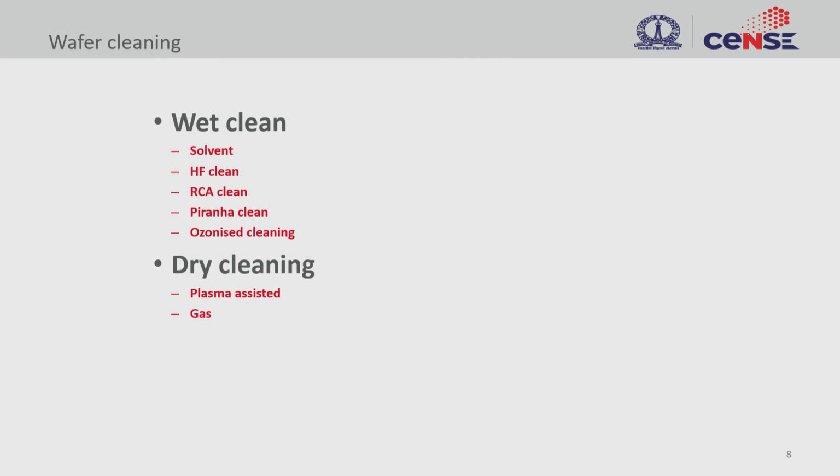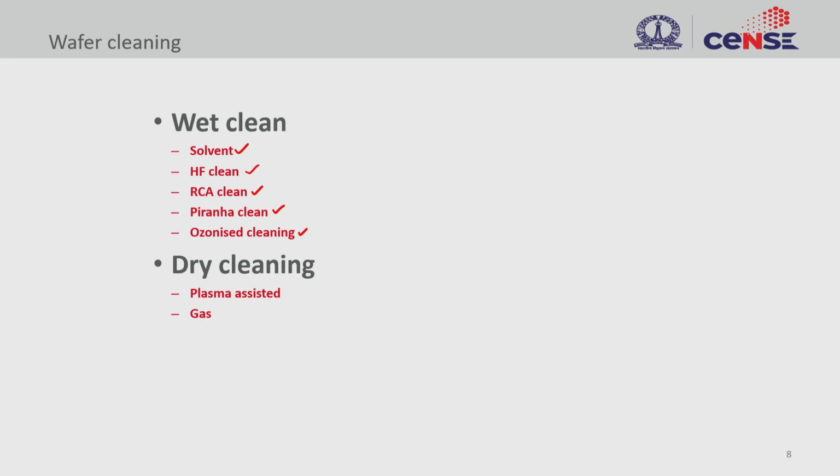So when we say wet cleaning, this involves using solvent, HF, or RCA clean, Piranha clean, or ozonized clean as well. So all of these are done using wet chemicals. So when we use wet chemicals, we call it wet clean. And then in dry clean, we can use plasma directly or any kind of gases that can etch away this substrate, right? So these are all something that we have already seen in our unit process.